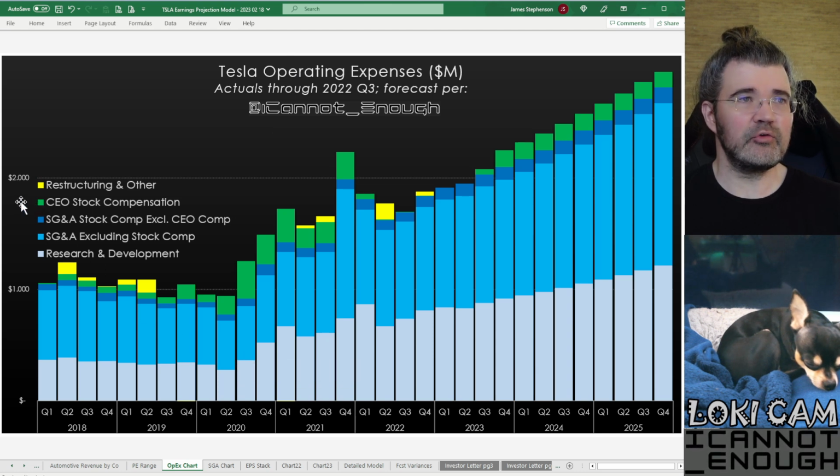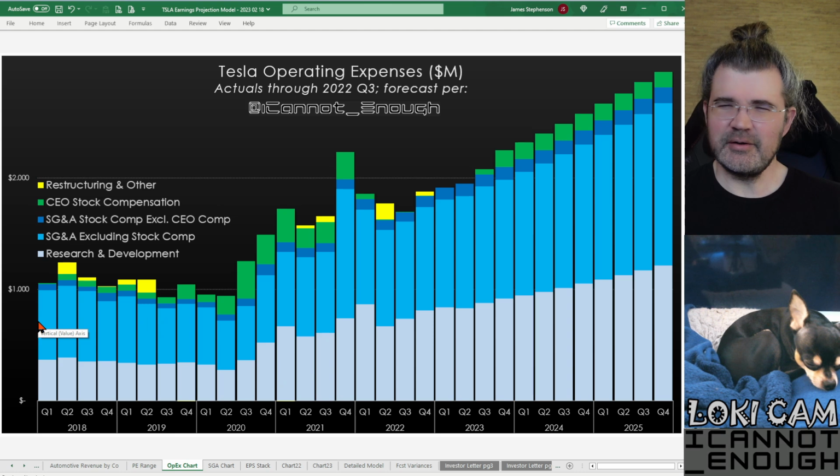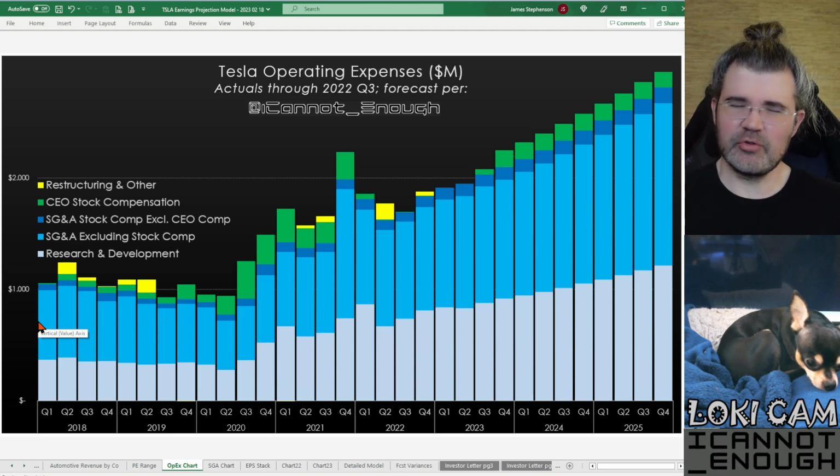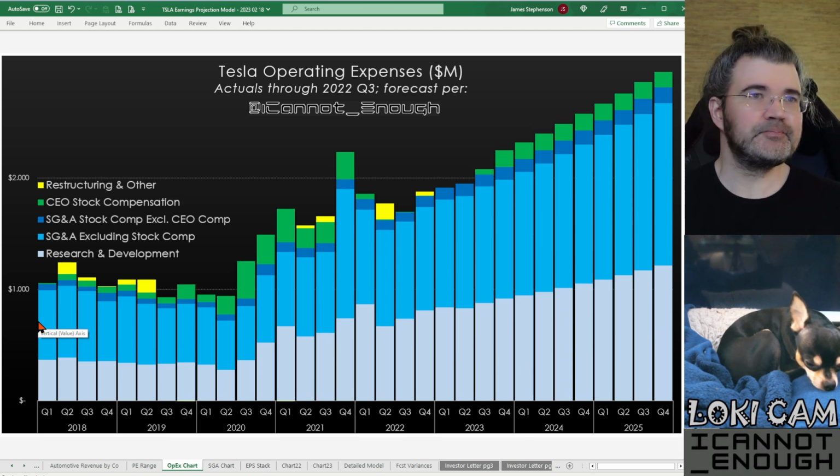So, for example, this green bar here is showing CEO stock compensation. Well, that's its own weird animal. There are accounting rules that determine how much expense you're supposed to declare in each period related to progress being made towards performance awards.